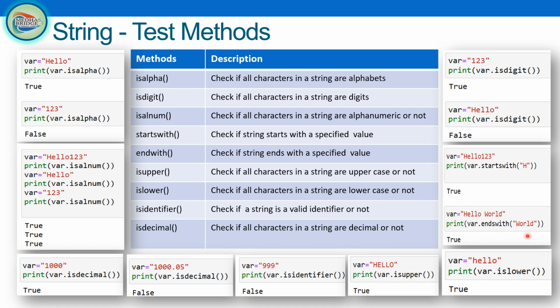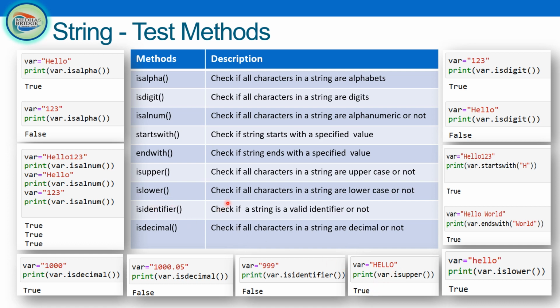Here is an example. The given string ends with the specified value world, so it returns true. Next, isupper checks if all characters in a string are uppercase or not. Here is an example. The string contains all uppercase letters, so it returns true.